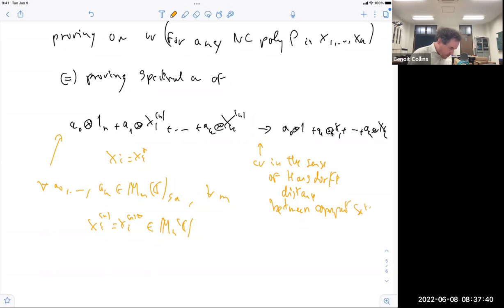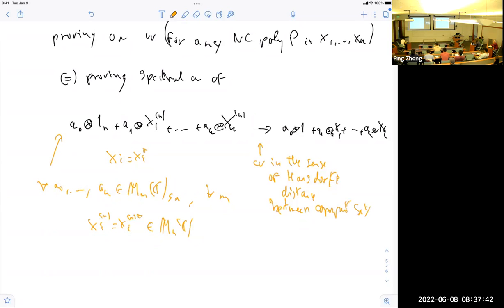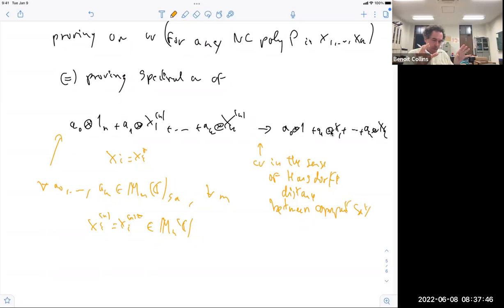The Hausdorff distance: if I look at two compact sets and enlarge one enough, it will be contained in the other, and conversely.